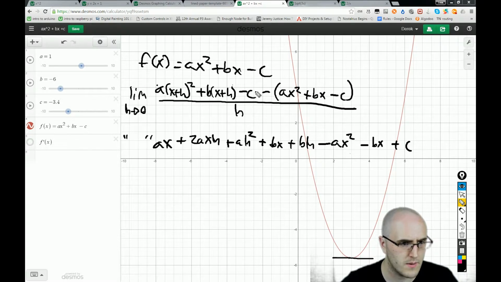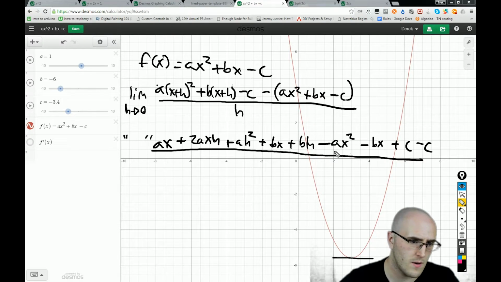I forgot this c right here. There's also a minus c. All of that over h.